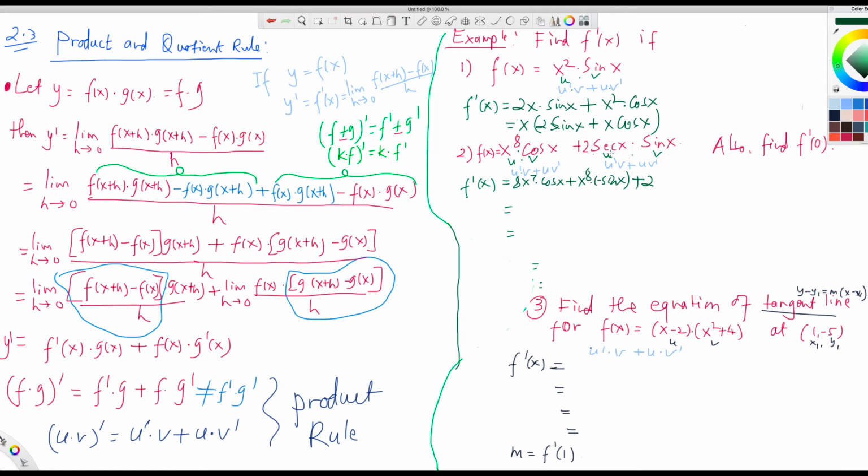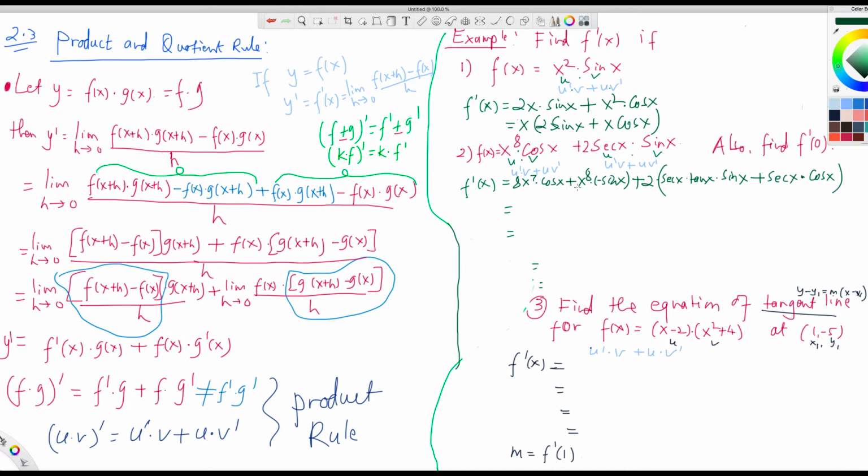So you are finding the derivative of secant x times sine x only. So u prime is secant x times tangent x, and then times v, which is sine x, plus secant x times the derivative of sine x, which is cosine of x, right? That's what you get. Let us simplify.